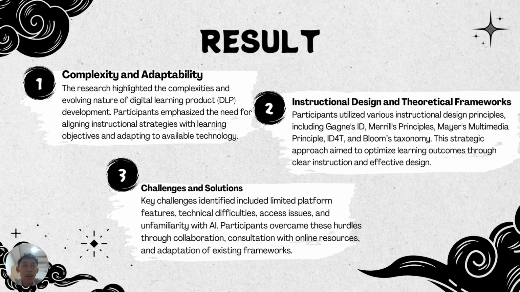Complexity means that we have lots of resources and we need to decide which one is more suitable. And adaptability, of course, is about the resources that we have. We need to make sure that our digital learning product aligns instructional strategies with learning objective and adapts to available technology.